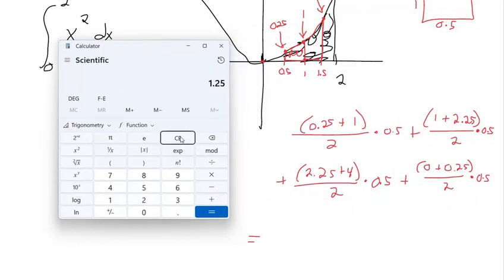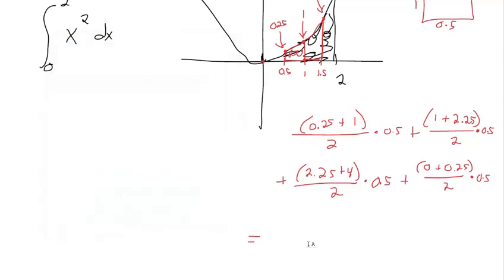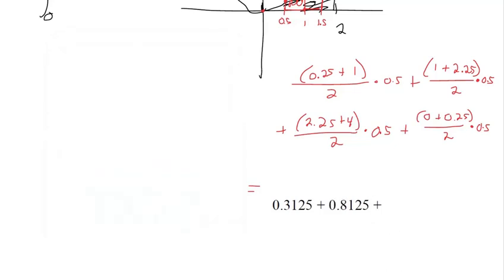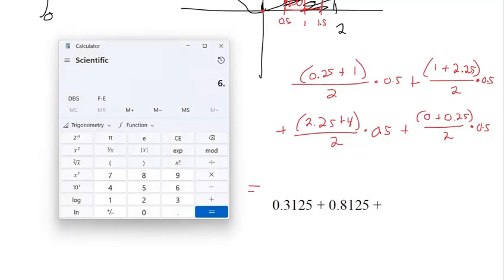So 1.25 divided by 2 times 0.5. So here's my first trapezoid that I wrote down. The second one is 3.25 divided by 2 times 0.5. This is the second trapezoid. So that's 6.25 divided by 2 for the biggest one.